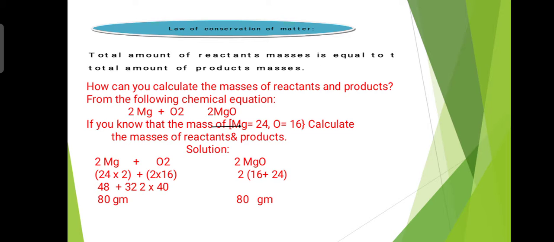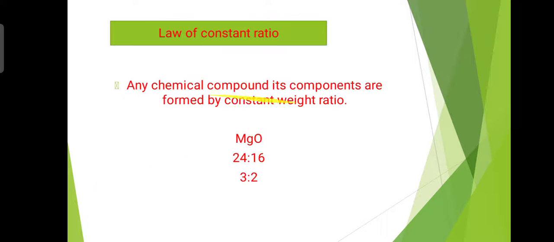The product is 2MgO, so we put 2 and open a bracket: magnesium equals 24 while oxygen is 16. So we get 80 grams. So the mass of the reactants equals the mass of the products, and this equation achieves the law of conservation of matter.